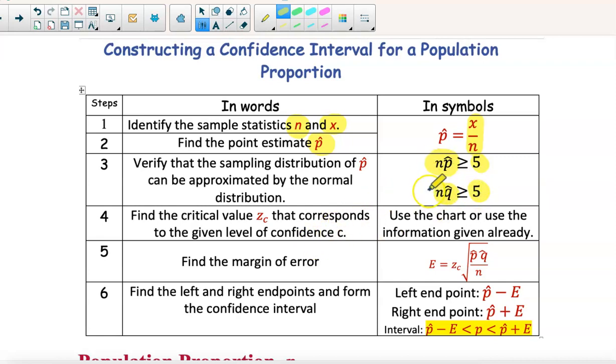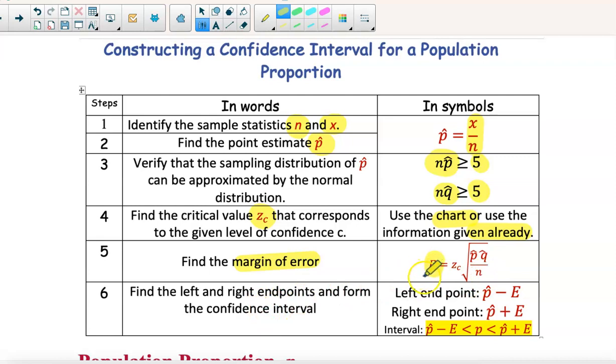If this condition is satisfied, we find the critical value of Z that corresponds to the given level of confidence, in our case 95%. We can use the chart, or the number will be given to us already. I'll show it in a minute. Now, find the margin of error. In step 5, the margin of error E is equal to Z times the square root of p hat times q hat divided by n.